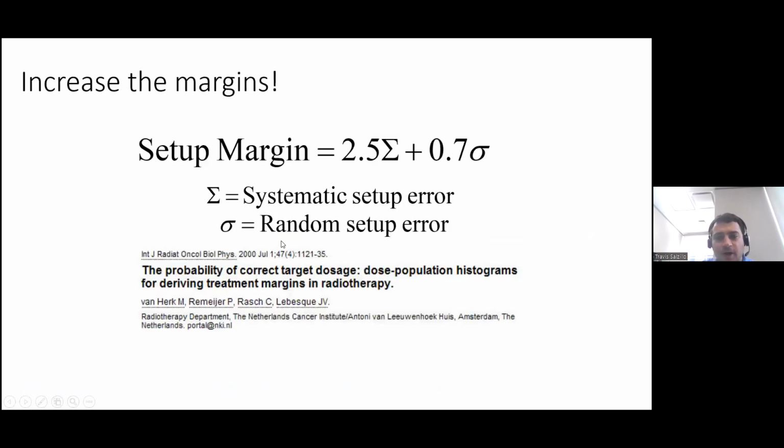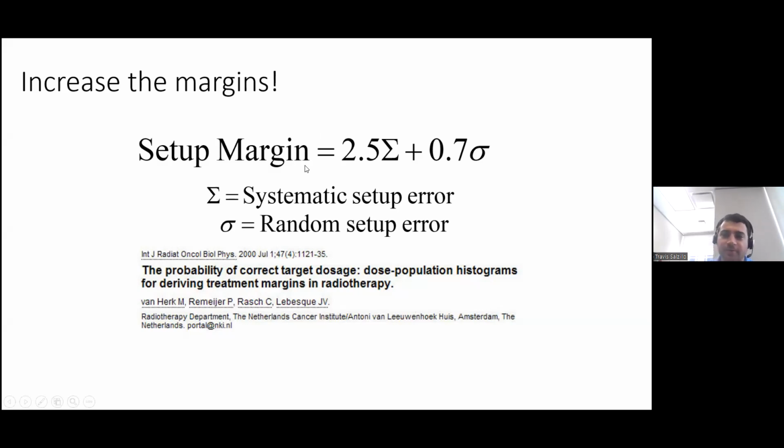As a result, they could derive this formula for how big to make their margins to ensure that 95% of their patient population still received the adequate dose to treat their tumors. There are dozens of different margin formulas you could use, but this is the most common one.